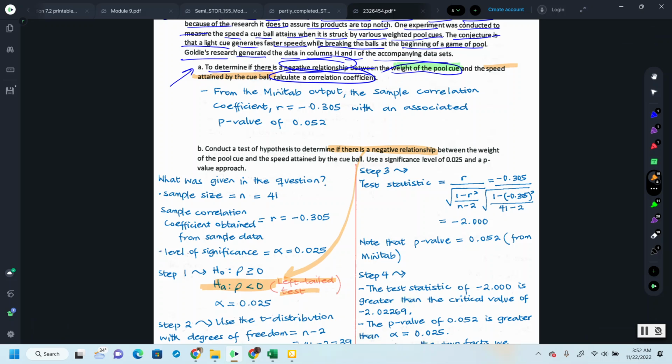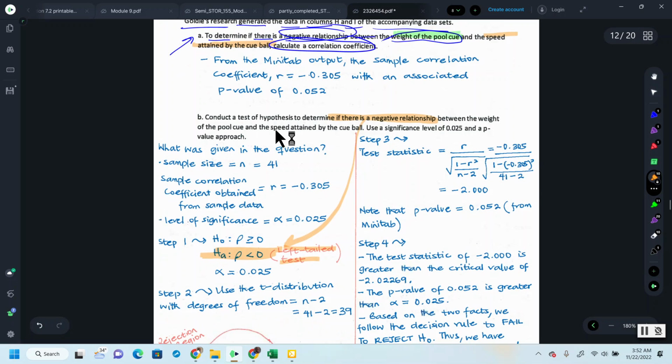We're expected to see if there is a negative relationship between weight of the pool cue and the speed attained by the pool cue. We're to use a significance level of 0.025 and a p-value approach, which is why we have the p-value that we found earlier. We're going to use the p-value approach to decide whether to reject or not to reject the null hypothesis.